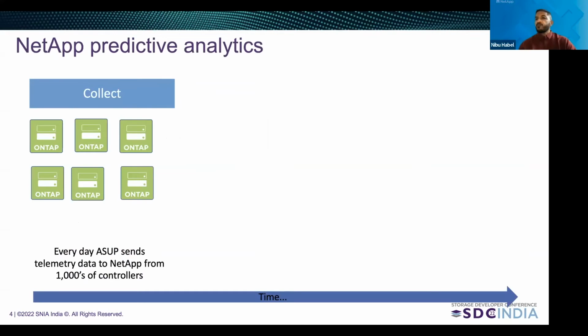Let's talk about some offline solutions. The offline solution is basically looking at data and running these checks on an environment which is not the customer's environment. NetApp has a predictive analytics system that looks at petabytes of data that the customers send and then derives predictive analytics over them. Thousands of controllers send telemetry data as part of ASUP to NetApp.